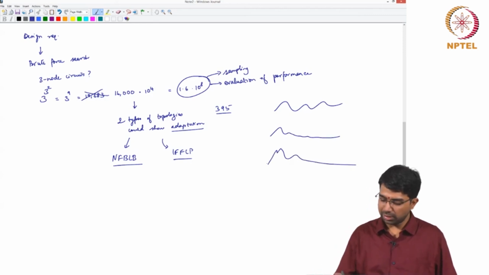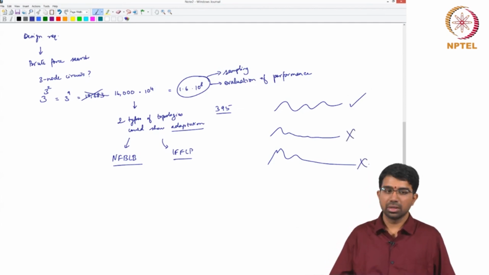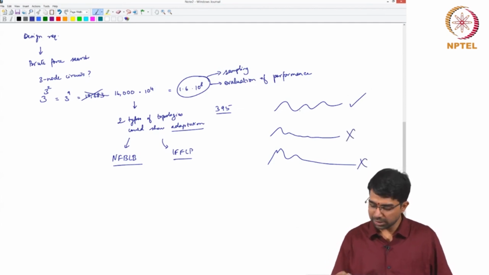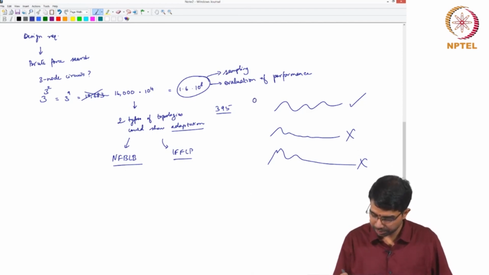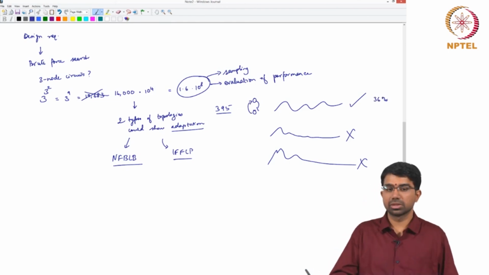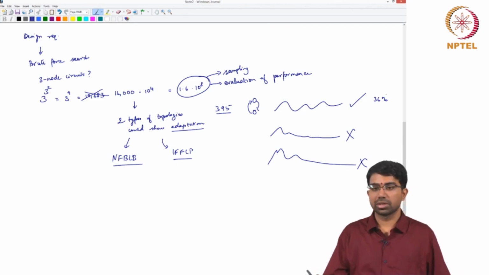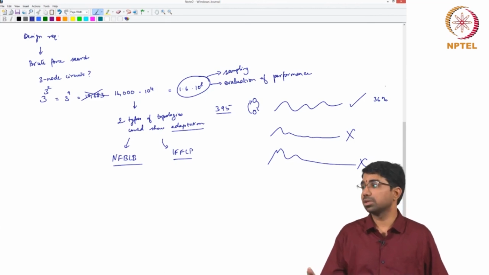So, you can get different behaviors, this is an acceptable behavior, these are unacceptable behaviors. So, you can maybe say that this topology gives this behavior 36% of the time, which is a good thing, right, and there might be other topologies which give you an oscillatory behavior like 10% of the time, which may not be a reliable way to synthesize such topologies synthetically.